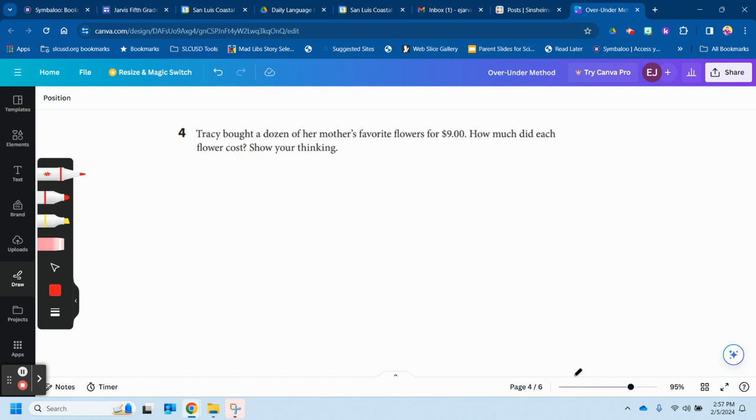All right. Tracy bought a dozen of her mother's favorite flowers for $9. How much did each flower cost? Well, you have $9 divided by 12. Or do we do 12 divided by 9? Let's see here. I get that $9 is divided among 12. So 12 divided by 9. I'm doing the guess and test model, to see if it makes sense.